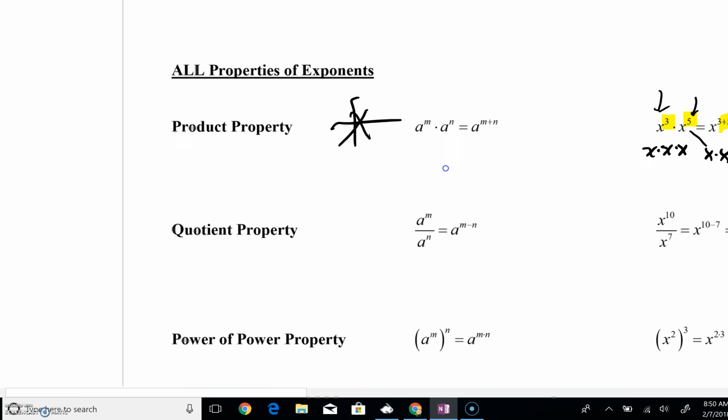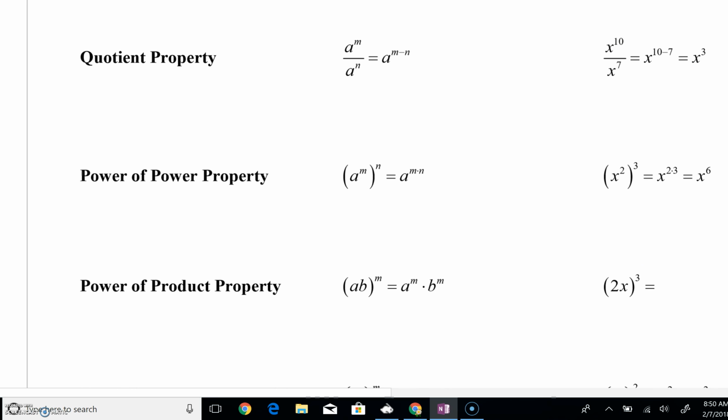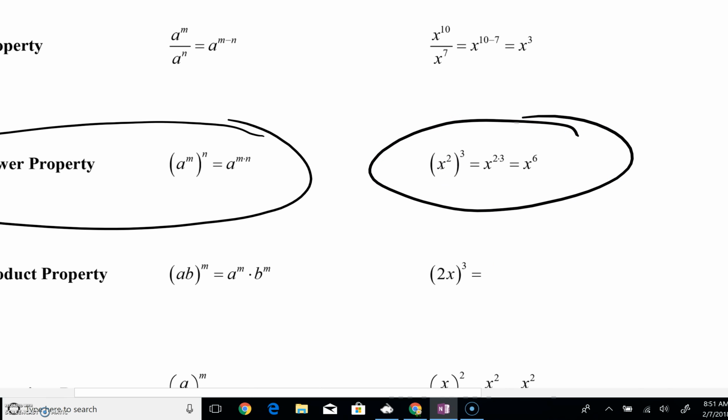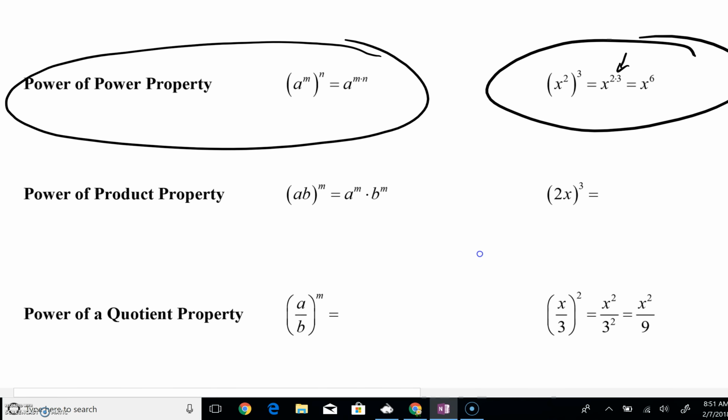That's the product property. Today we're also going to deal with this power of a power. Powers to powers are more powerful. We multiply them together. Just remember that. For example, if I gave you x to the second to the third power, you multiply the 2 times 3, you'll get a 6, right? This is also applicable if you've got 2 items inside of the parentheses.